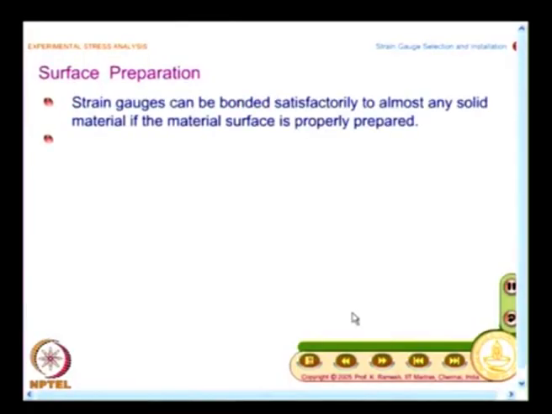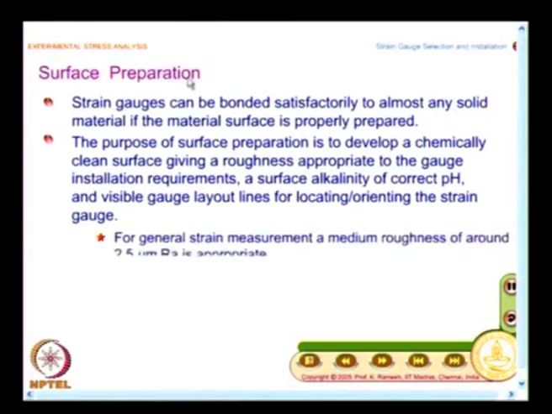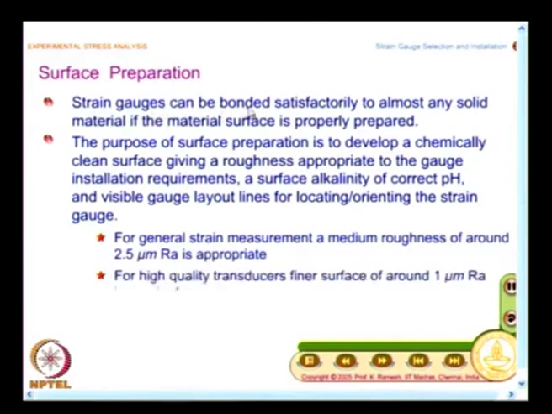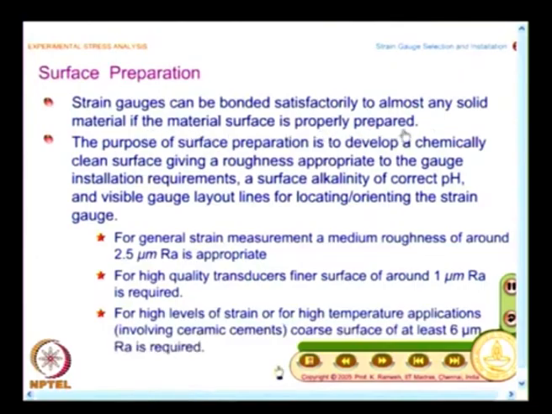And the first and foremost step is surface preparation. Strain gauges can be bonded satisfactorily to almost any solid material if the material surface is properly prepared. And what is the focus of surface preparation? I have to know the focus, then you will be able to appreciate the procedure involved.